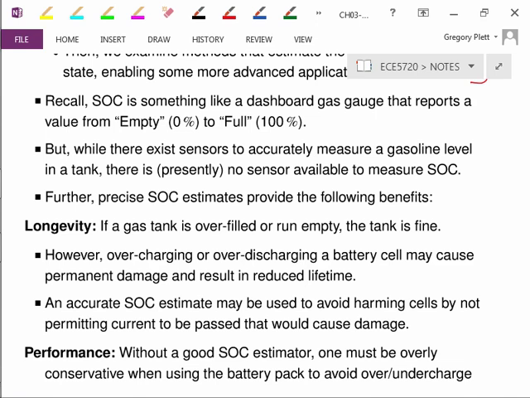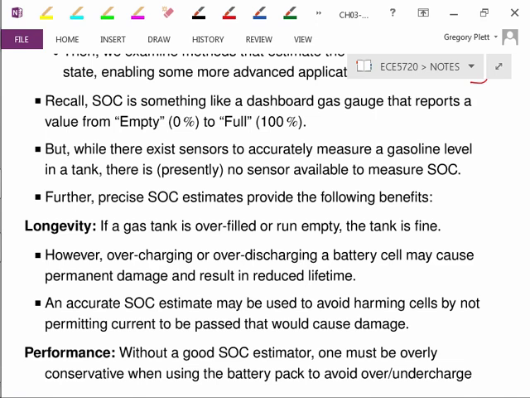There's no physical analog. There are some research teams that are looking at very clever ways to implant different types of sensing tools inside of battery cells, but I haven't seen yet any really good results. Now, it's possible that 5 years from now, 10 years from now, someone will come up with a solution where you can measure state of charge directly. And if so, I would say, great, that's fantastic, because one of the things you learn when you study estimation is you never want to estimate something that you know.